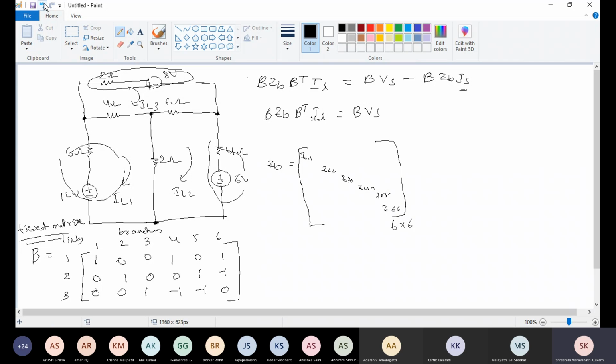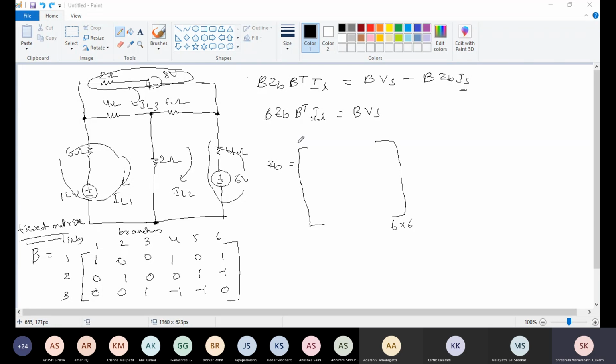Now see here, I can write Z11. See the network and tell me: 6, because in that branch the impedance is 6 ohm.